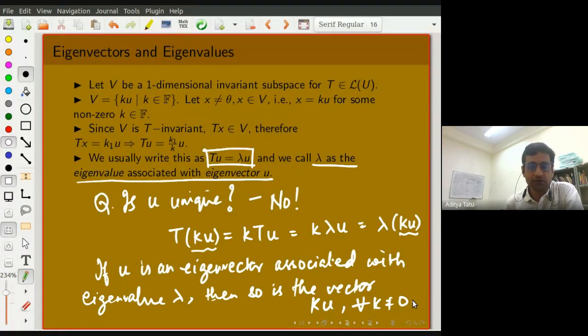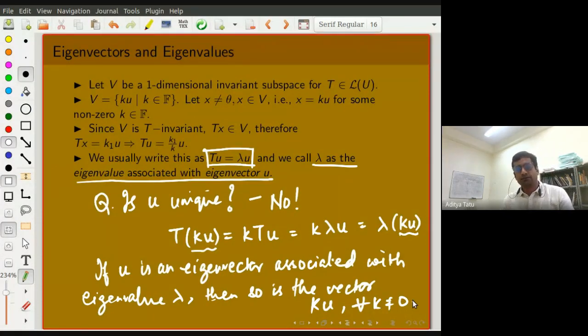But what we have just seen is if you have U as an eigenvector associated with a specific eigenvalue lambda, then any scalar multiple apart from 0 is also an eigenvector associated with lambda. Which also means if there is one eigenvector, then there are infinitely many eigenvectors, assuming we have an infinite field, of course.